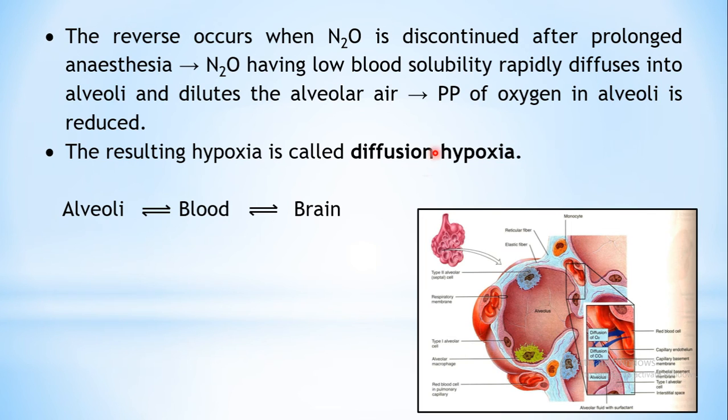It is shown only by nitrous oxide, because nitrous oxide is the only drug which is administered in a very high amount. So there will be a very high amount of nitrous oxide in your blood.